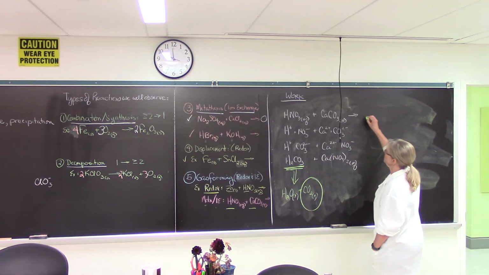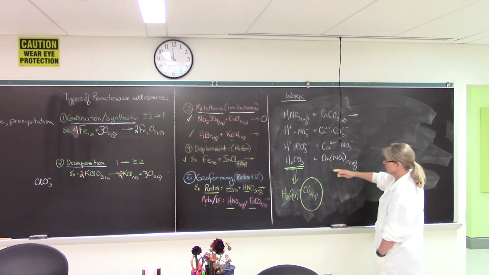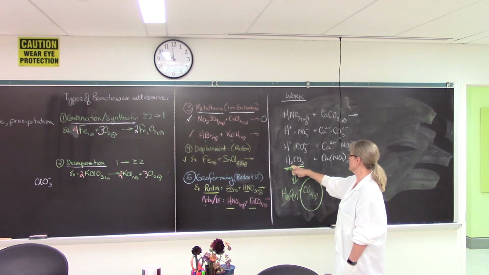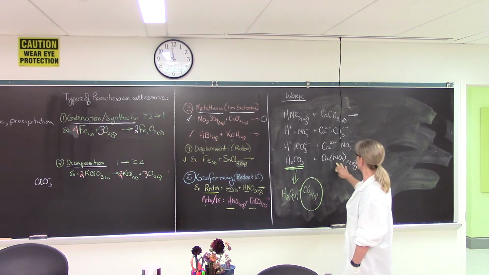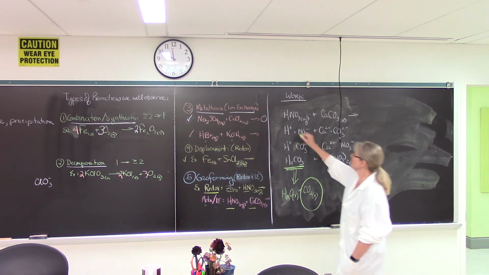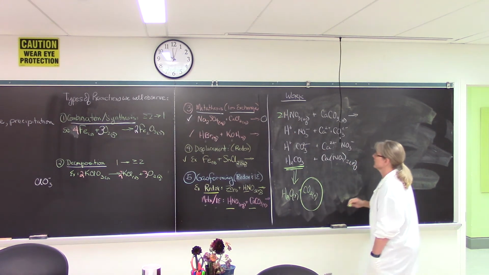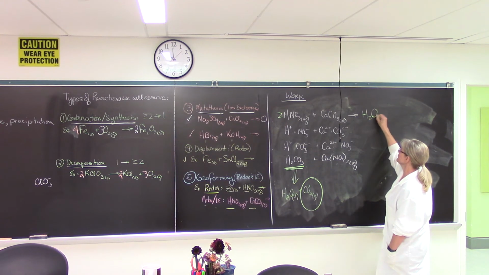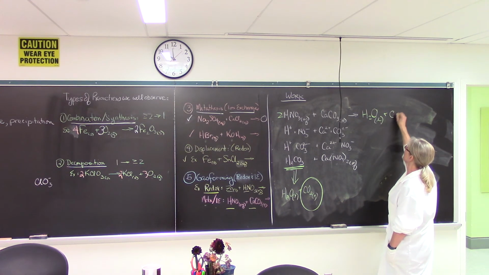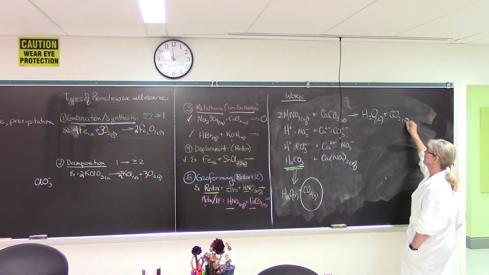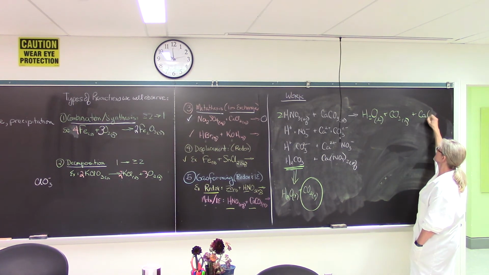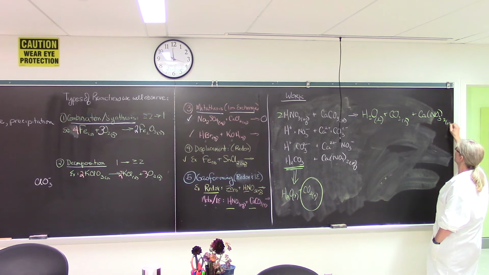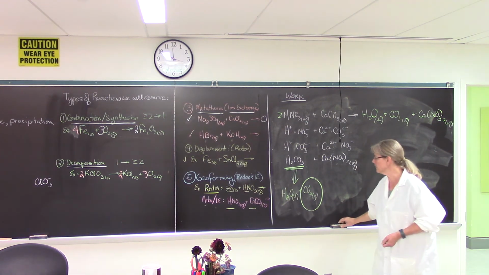So now I'm going to put this up here, and I'm going to say, oh, wait a minute, I needed 2 hydrogens, and I needed 2 nitrates, so I better put a 2 in here. So my complete molecular equation.